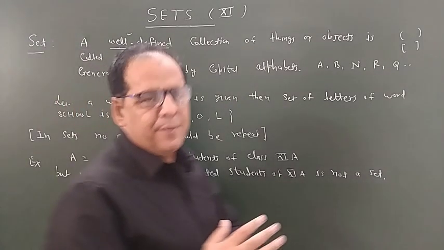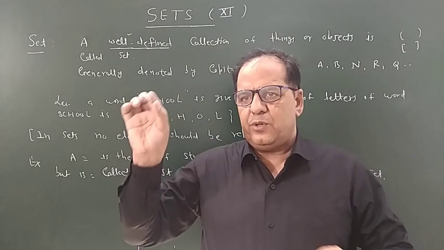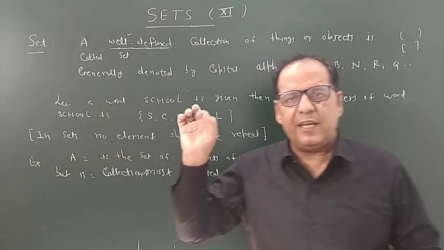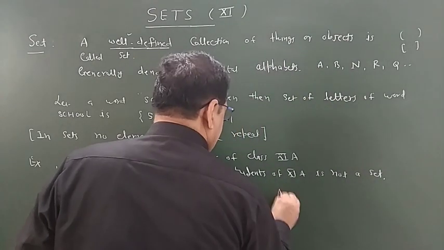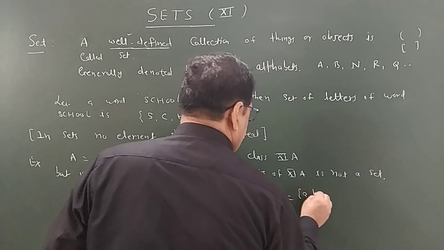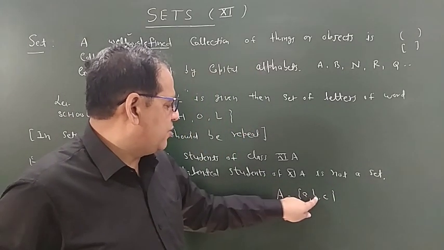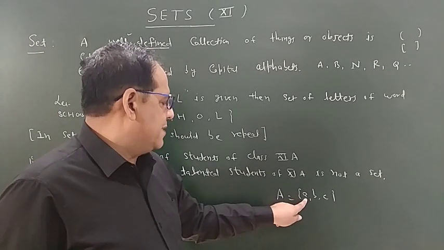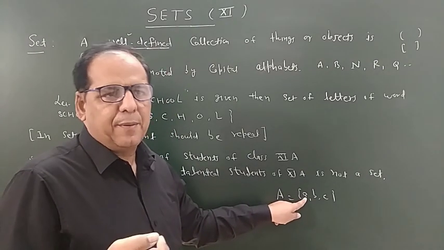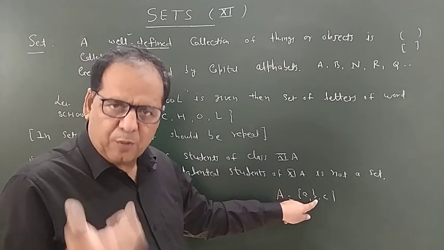Suppose I am given an example. Capital A equal to set, the elements are A, B, C. Okay. A equal to {A, B, C}. Each object here, each thing here is well defined, because we can say A is the first letter of the English alphabet. This is the second letter of the English alphabet.